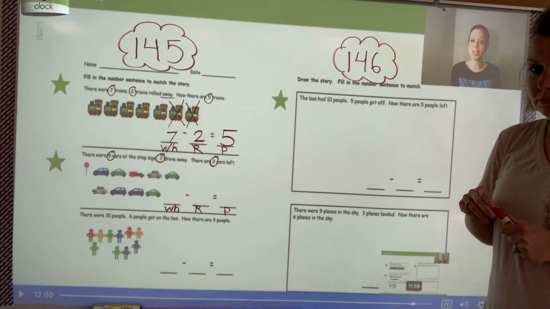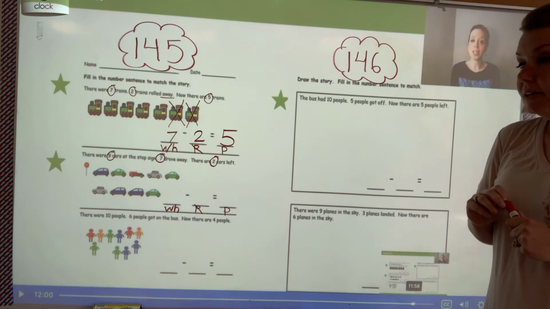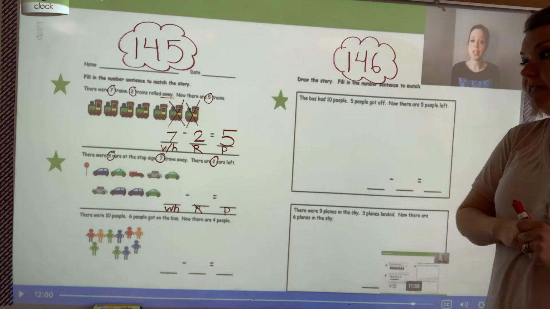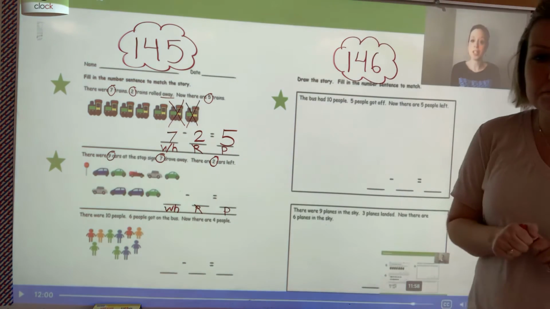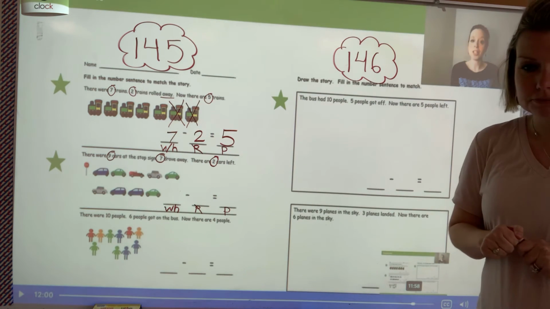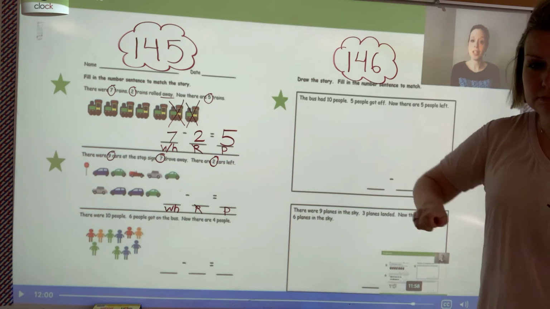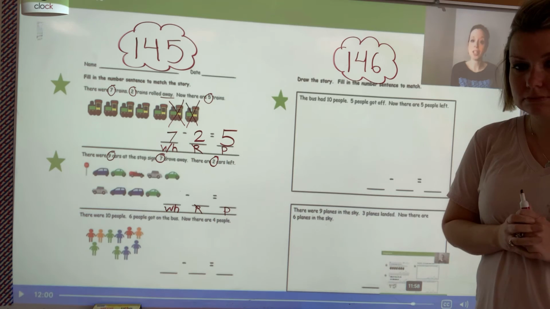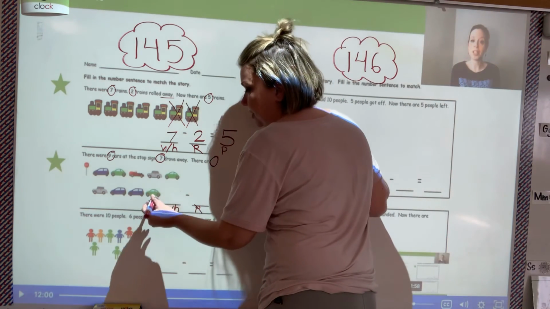Can you say it again? There were 9 cars at the stop sign. 7 drove away. There are 2 cars left. What do I need to do to my picture to help me with my number sentence? Cross out 7 cars. Excellent. Let's do that.